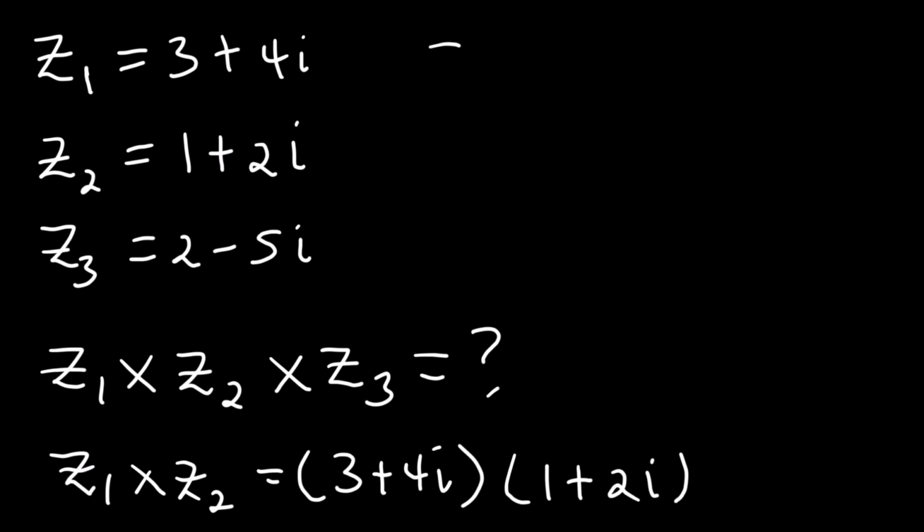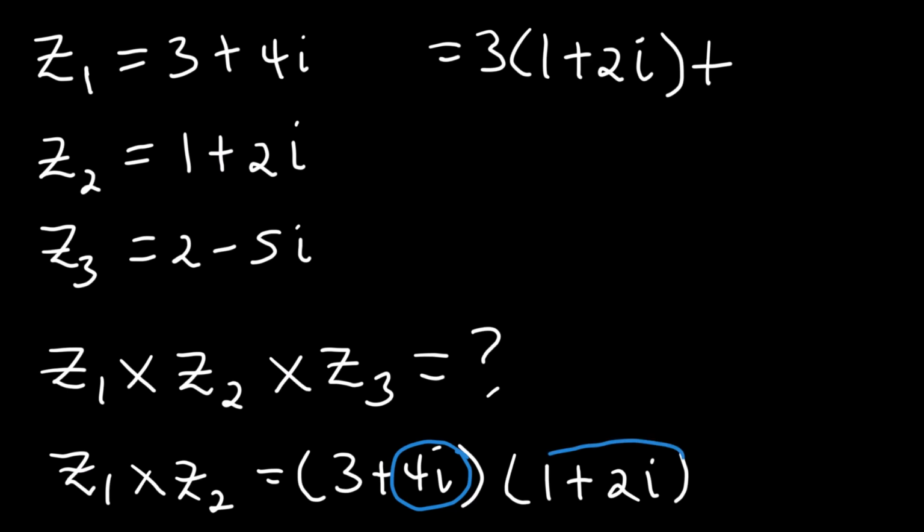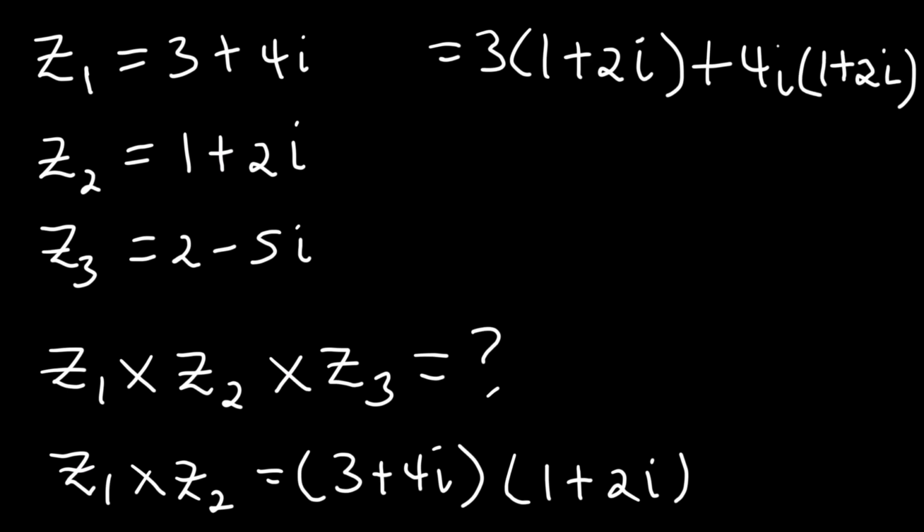So this will be equal to, we shall get 3 and multiply it by the second bracket. So this will be 3 times 1 plus 2i, and then plus, now we shall get 4i and multiply it by the second bracket. So we shall have 4i times 1 plus 2i.